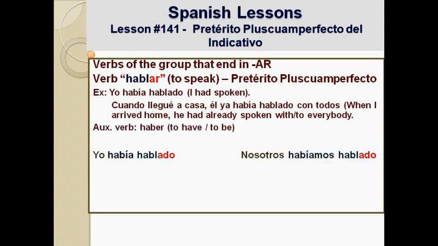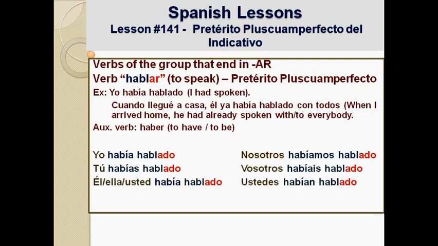Oh, and we are using the auxiliary verb haber. Same as in English, we use the verb to have, right? When we say I had spoken, in Spanish we use the verb haber. And the same as in English, what changes from conjugating for one subject pronoun to another is the auxiliary verb. And the verb to speak or hablar remains the same for all the different persons.